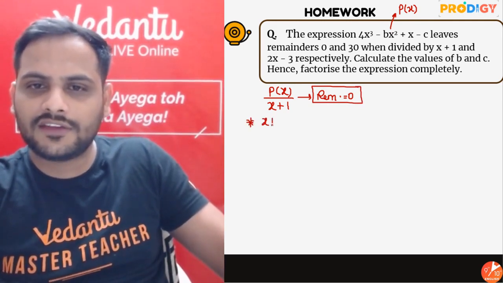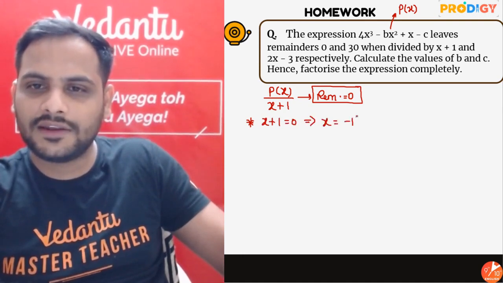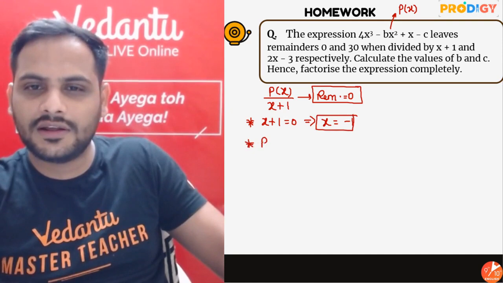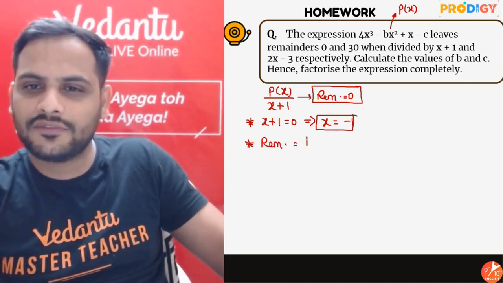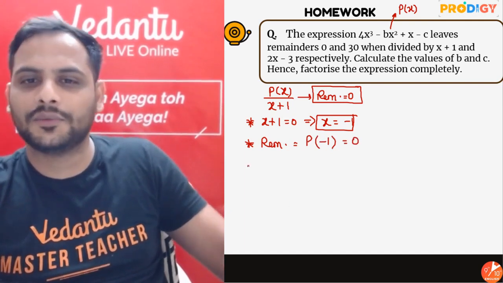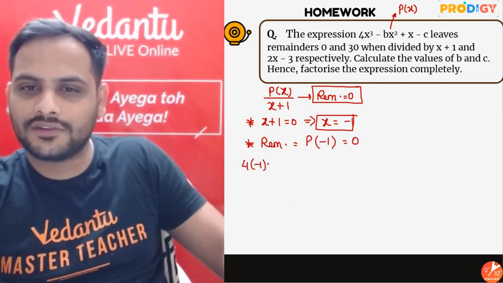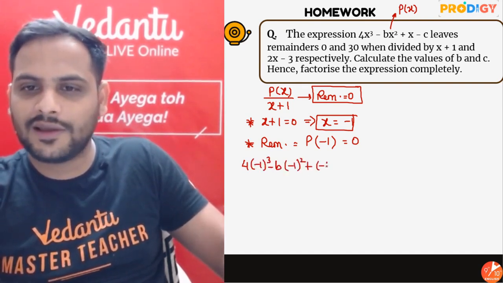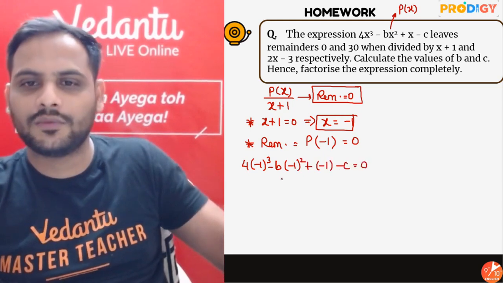First thing, x plus 1 equal to 0 clearly means x is equal to minus 1, and I can say the remainder will be equal to the value of the polynomial at x equal to minus 1, and it must be equal to 0. So 4 into minus 1 cube minus b into minus 1 square plus of minus 1 minus c equal to 0.